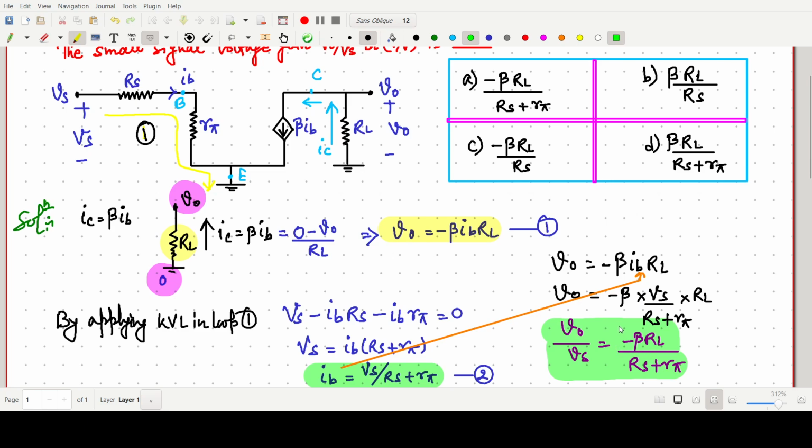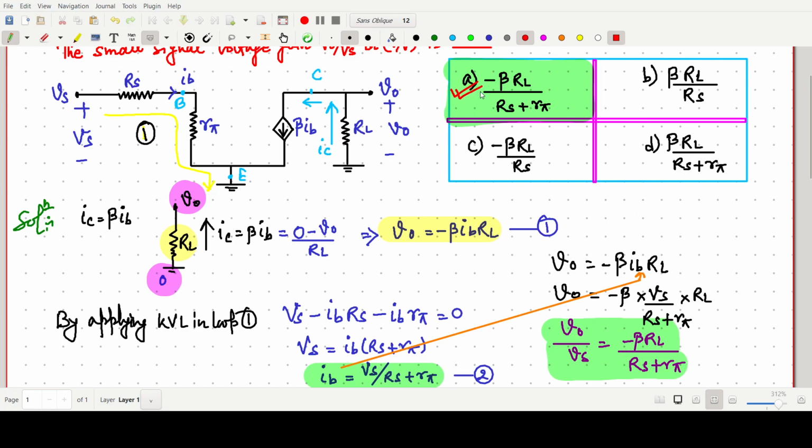So which one is the correct answer? This one is the correct answer.